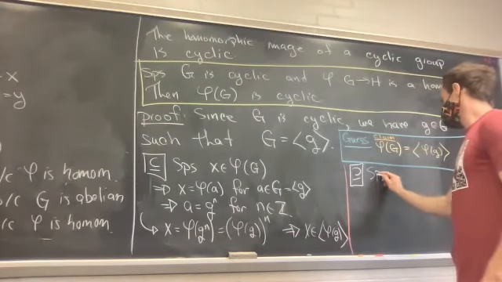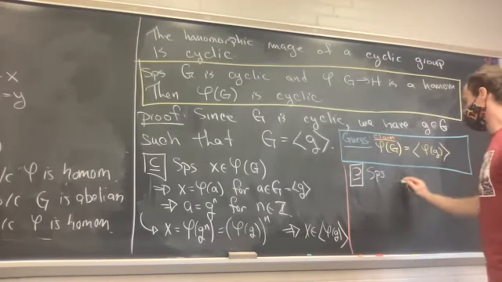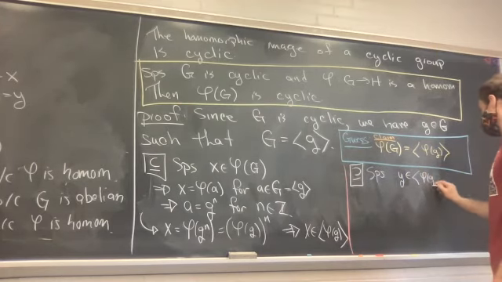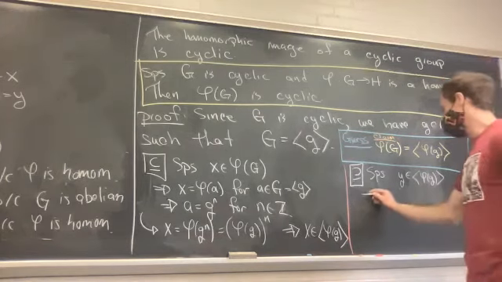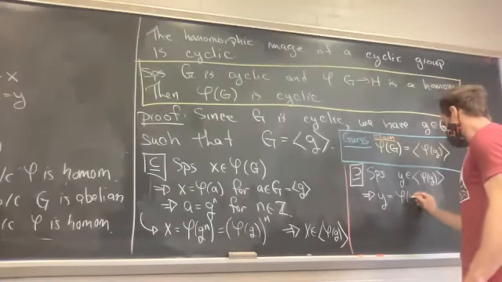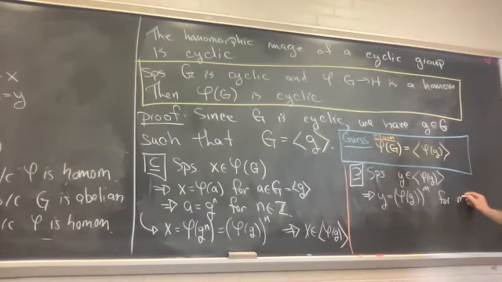So let's suppose y is in the cyclic subgroup generated by phi of g. Right. But now that tells us that y equals phi of g to the m power for some integer m. That's the definition of being inside that cyclic group, right?